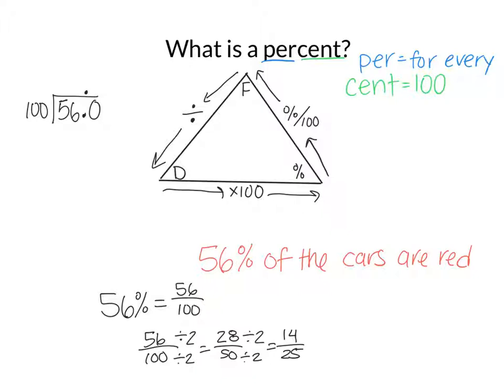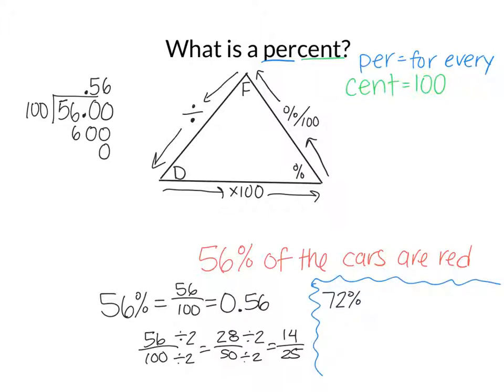Then I think, how many times does 100 go into 560? 5 times. I'd have 60 left over, so I still need to keep going. I'll add another 0 to the end and bring it down. 100 goes into 600 6 times. And there's nothing left over, and so then I'm done. So as a decimal, 56% is equal to 56 hundredths.